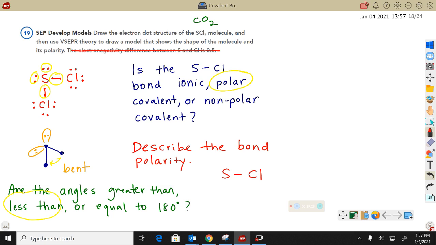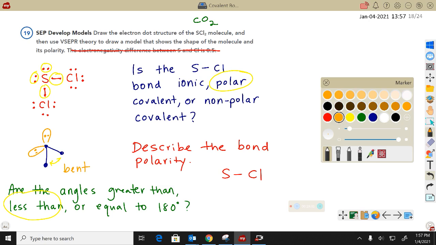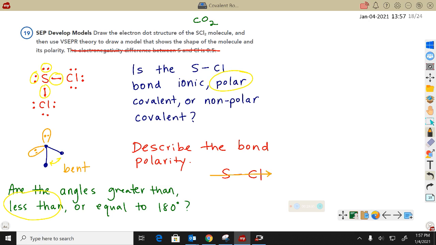With chlorine having a higher electronegativity, the electrons in this bond will be drawn closer to the chlorine atom, and the chlorine side should be partially negative, and the sulfur partially positive. There's the bond polarity. Or they might ask which atom would be partially positive, or which atom would be partially negative? The atom with a higher electronegativity gets the partial negative.